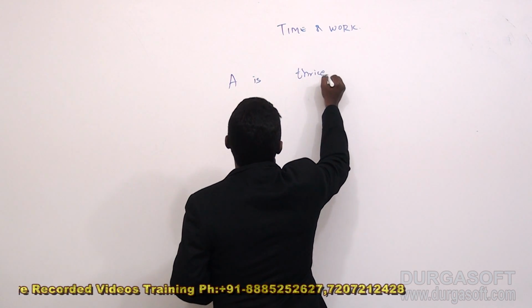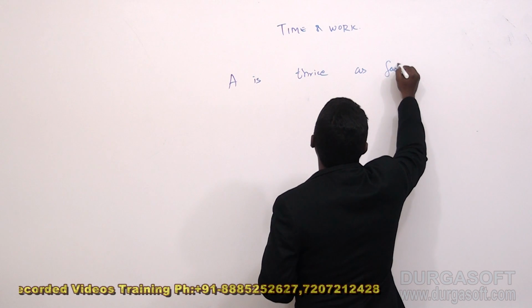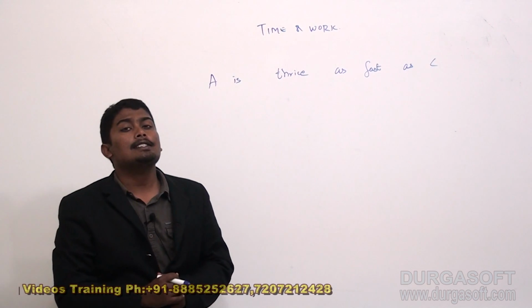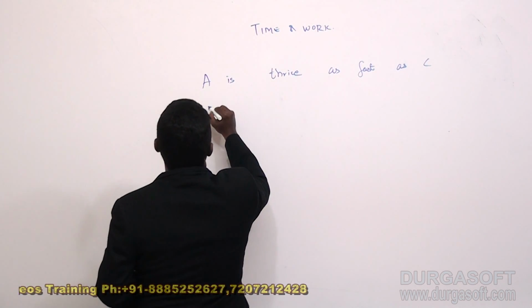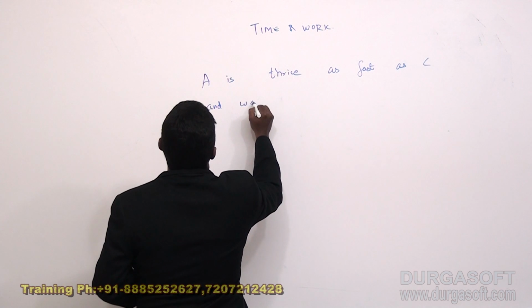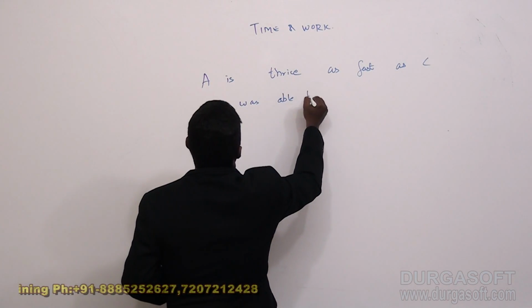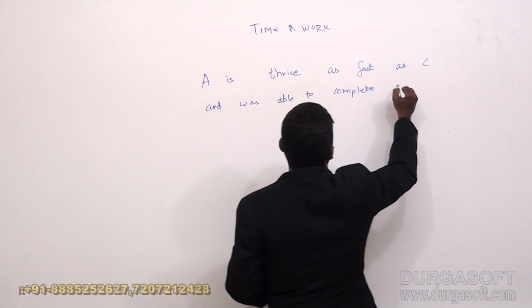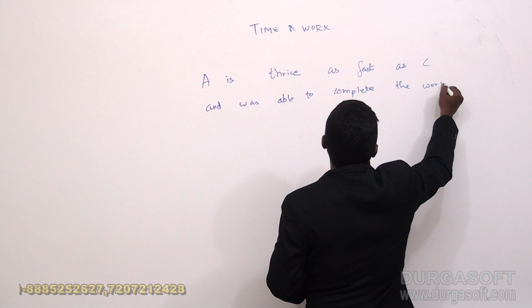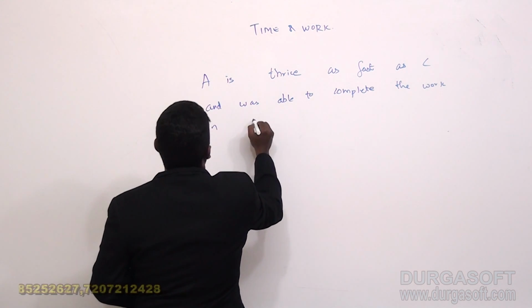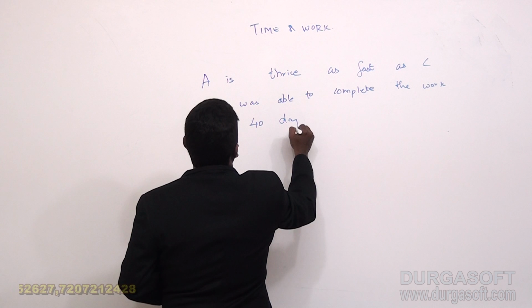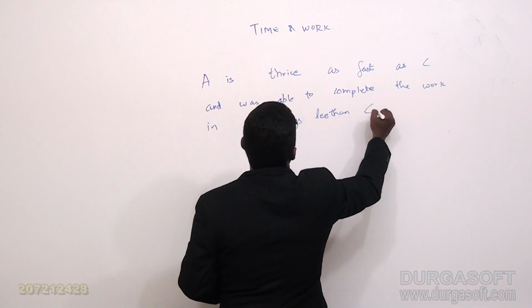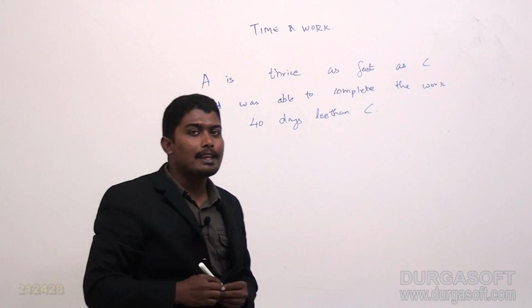A is thrice as fast as C, and was able to complete the work in 40 days less than C. So there are two people here, A and C.